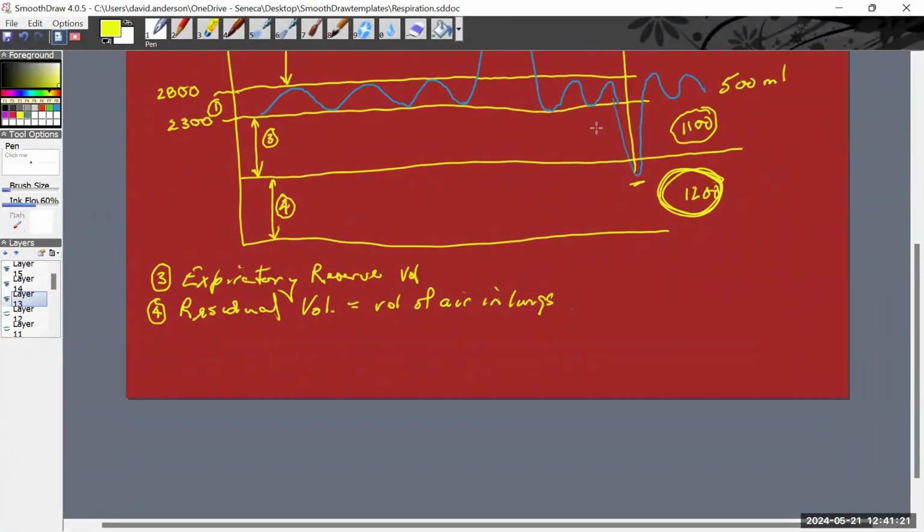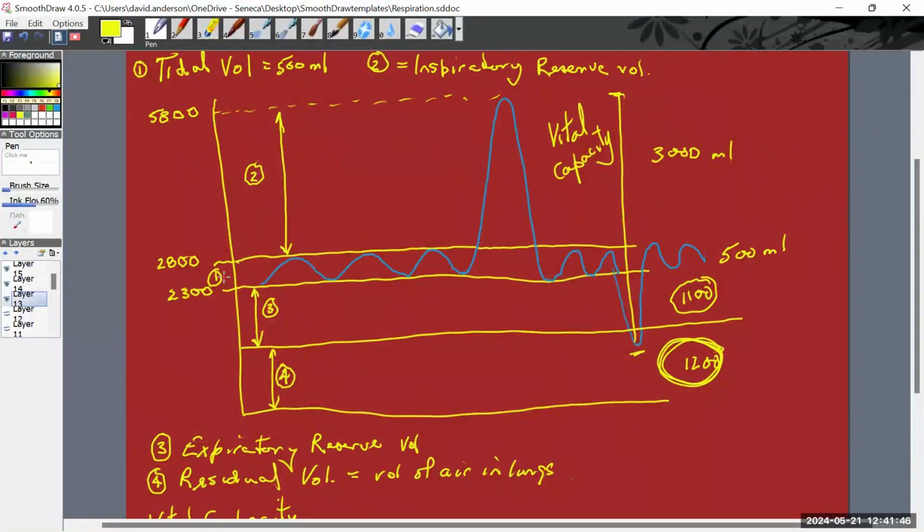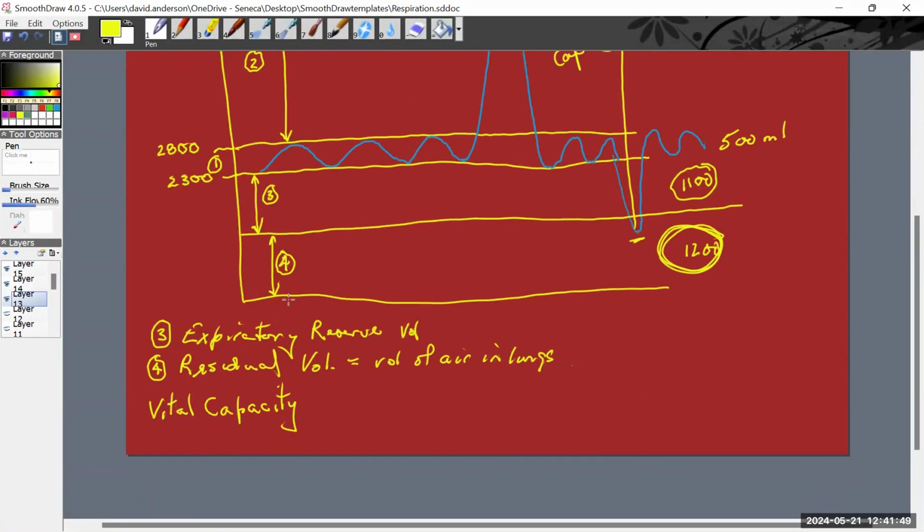Now, if we go down here and look at vital capacity, the vital capacity was our inspiratory reserve volume plus our tidal volume plus our expiratory reserve volume. So if we looked at this, it's number 2 plus number 1 plus number 3. Okay, so we can say it's 1 plus 2 plus 3.